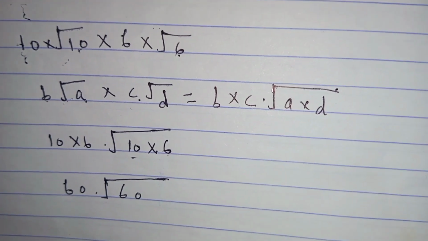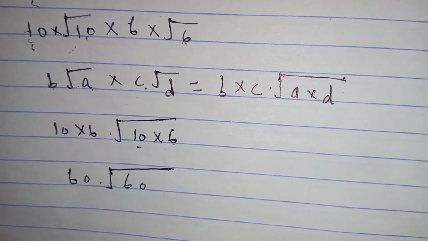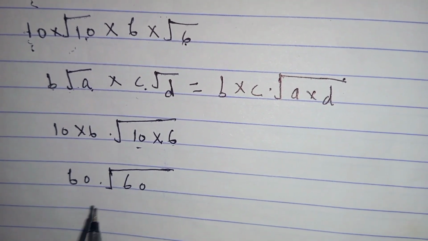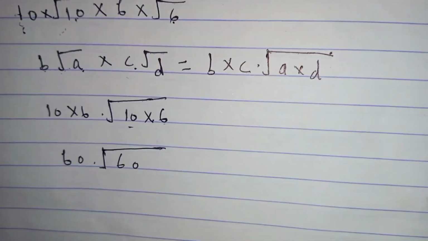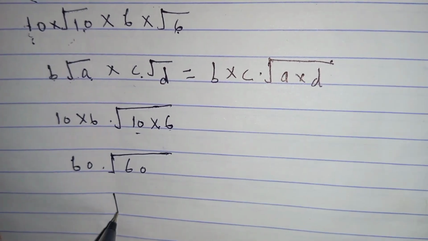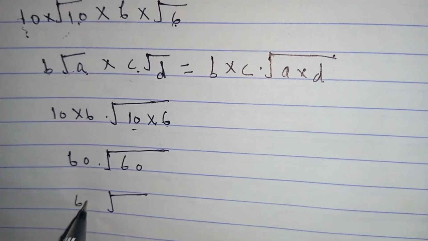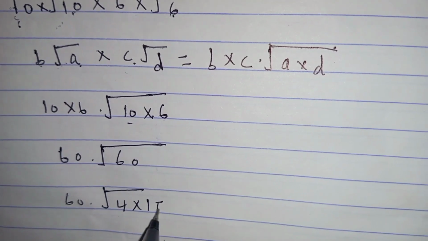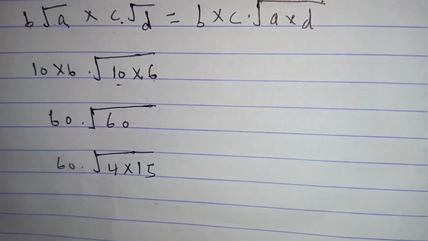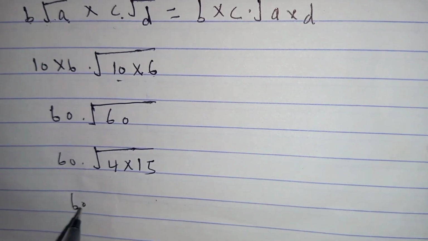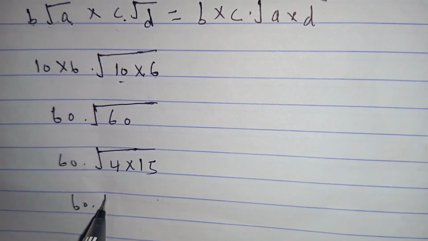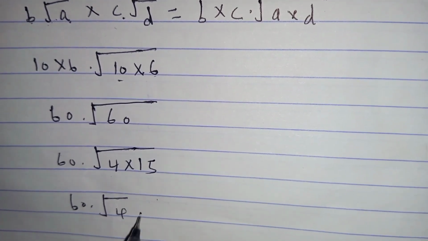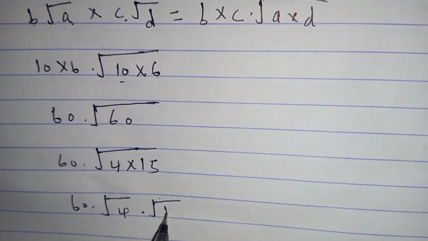So you are required to leave your answer in surd form. In this case, we can simplify this part here, whereby 60 can be written as 4 times 15, and separating the square root, we have the square root of 4 multiplied by the square root of 15.